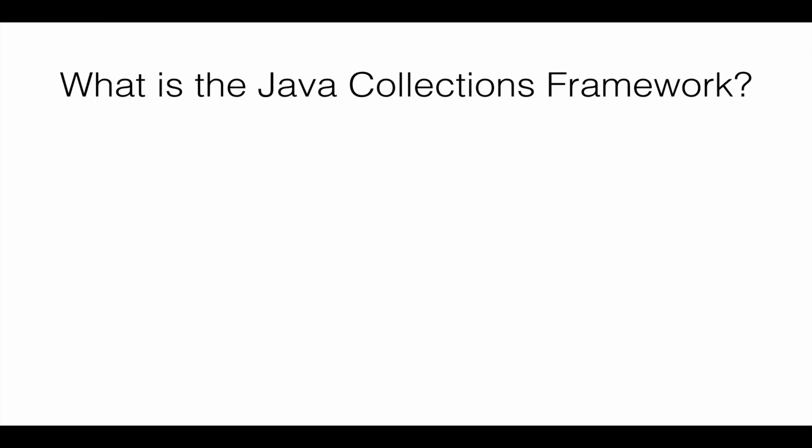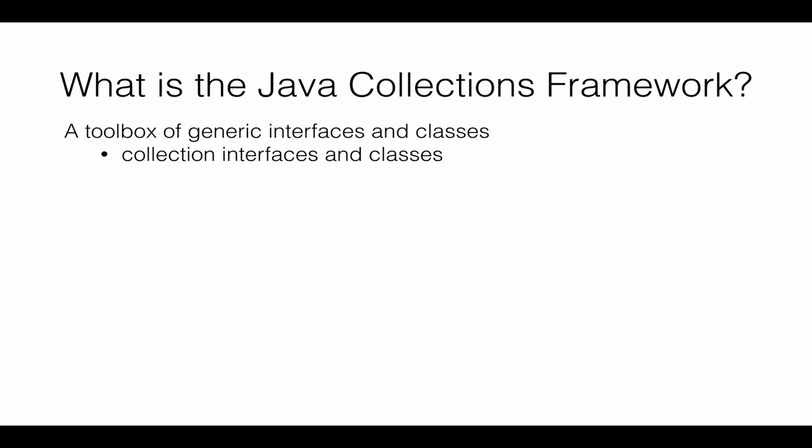So, what is the Java Collections framework from a high-level perspective? First of all, it's more like a library, a toolbox of generic interfaces and classes. This toolbox contains various collection interfaces and classes that serve as a more powerful, object-oriented alternative to arrays, as well as collection-related utility interfaces and classes that assist you in using the collections.